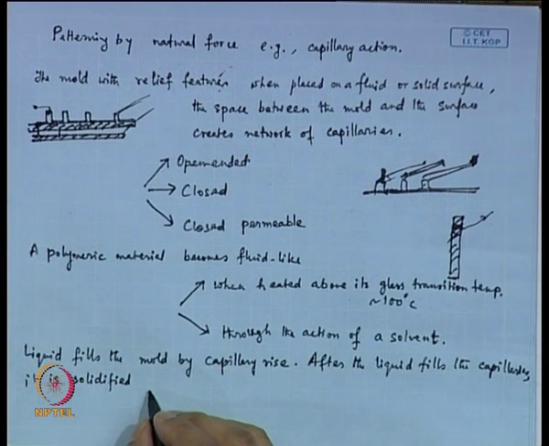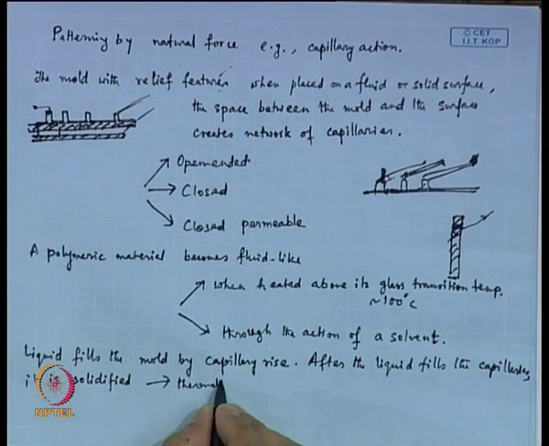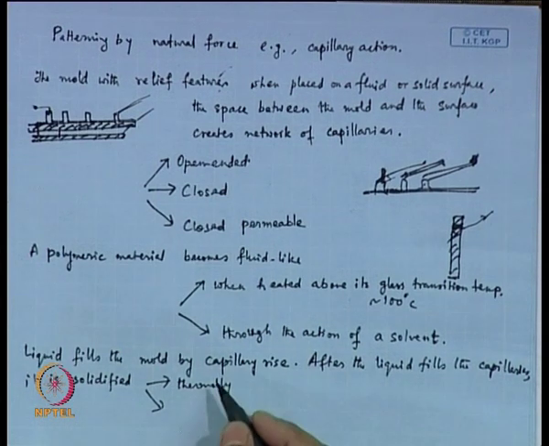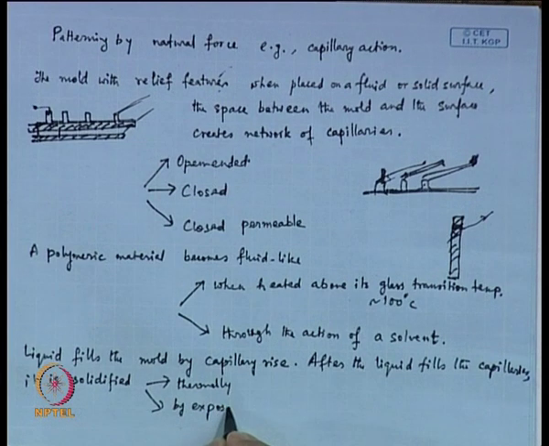by two ways. One is by thermal method. Thermally means it was above glass transition temperature, now you simply cool it, so it will automatically solidify, or by exposure to UV light.